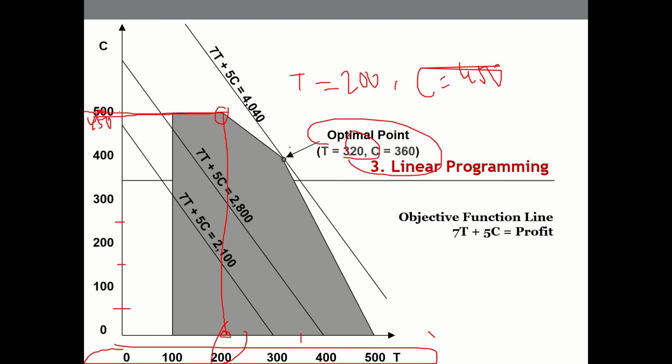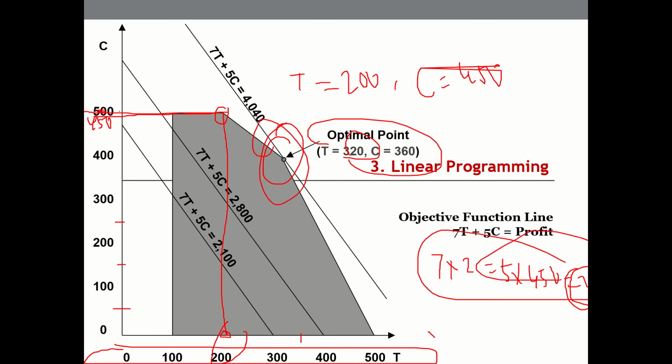But we have to find out what is the optimal one, where we can get maximum benefit out of this. If you put 700 into 2, 500 into 450, we should check how much we get. Of course it will not be the maximum; the maximum profit is what we are looking for.